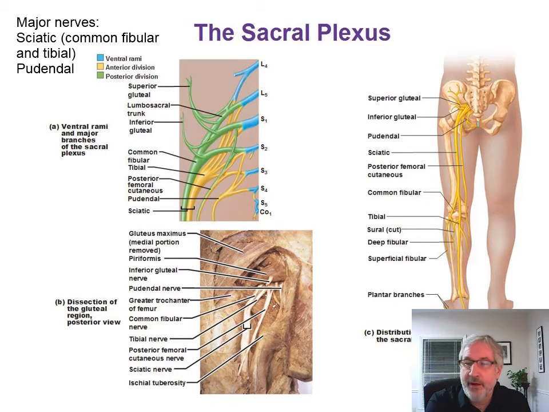One branch goes posterior, and that will be the tibial, and the other branch, sorry about that, too far, the other branch here is the common fibular, and it goes anterior. The tibial nerve innervates the calf muscles, and the common fibular nerve wraps around the fibula and innervates the anterior part of the leg, your shin region.